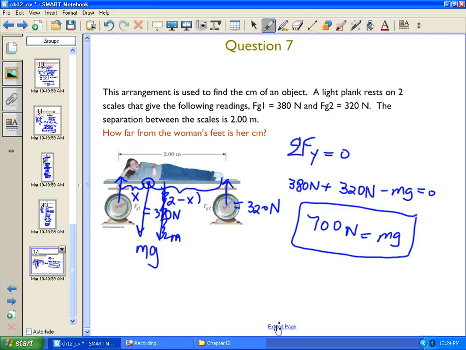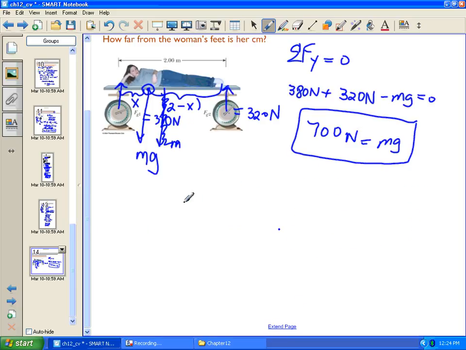Okay, now to solve for what we were really asked for, and that is to determine x. We're going to take the torques about her center of gravity, so this force exerts a torque which would produce a clockwise rotation, at a distance x from the axis of rotation.